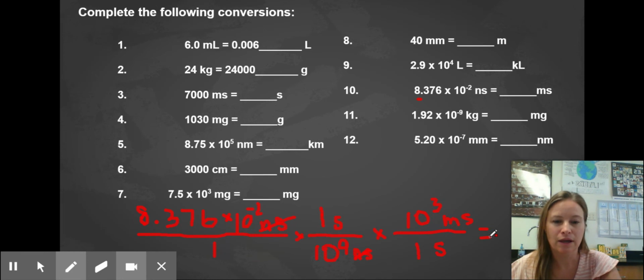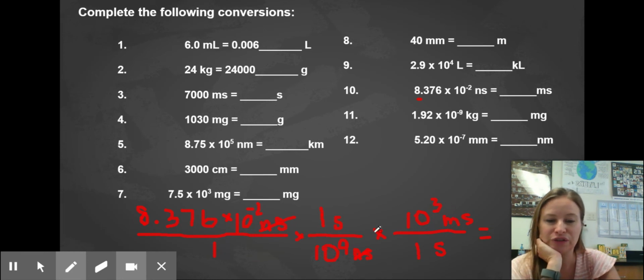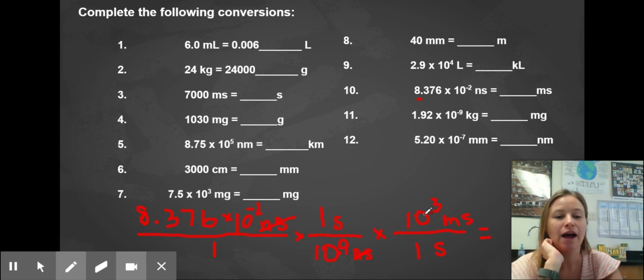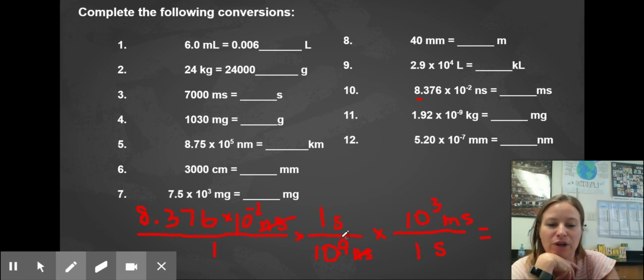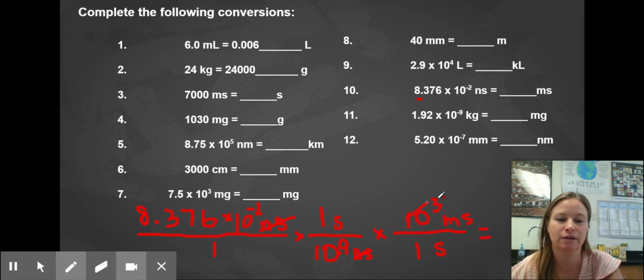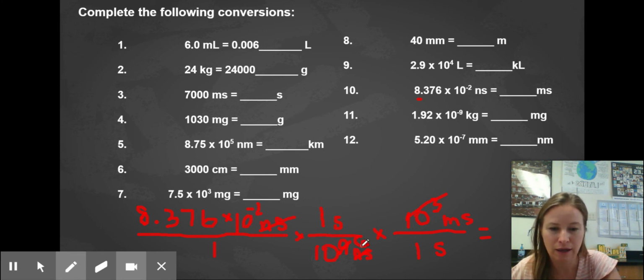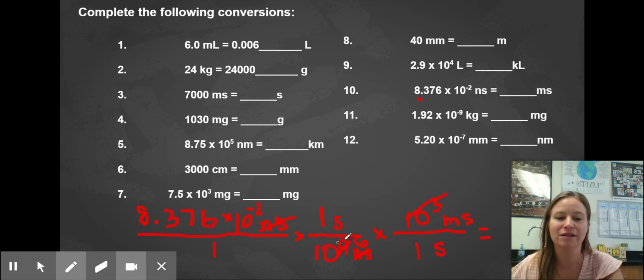Okay, so now I have 10 to the third over 10 to the ninth. And you guys remember from math, if I have the same base, so I have 10 and 10, I can just subtract the exponents. So this can be subtracted from here, cancel, and this would change from 9 to 6. Okay, so I have this divided by 10 to the 6th power, 10 to the negative 2 over 10 to the 6th.